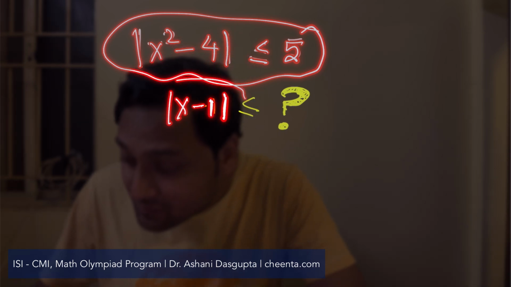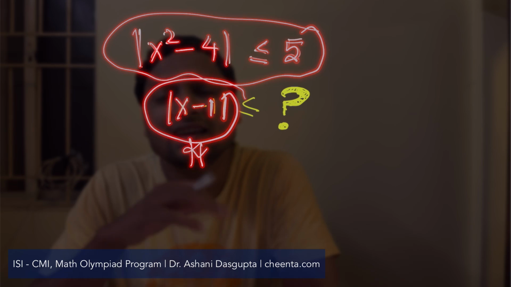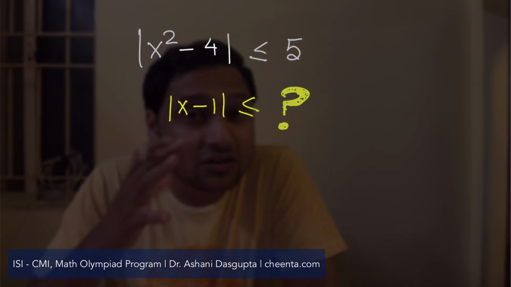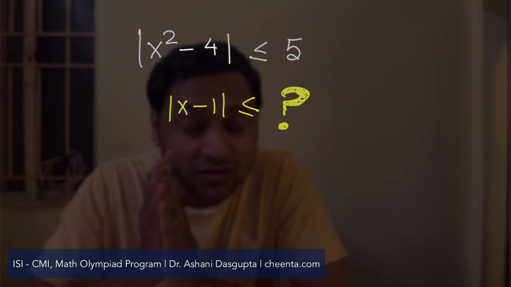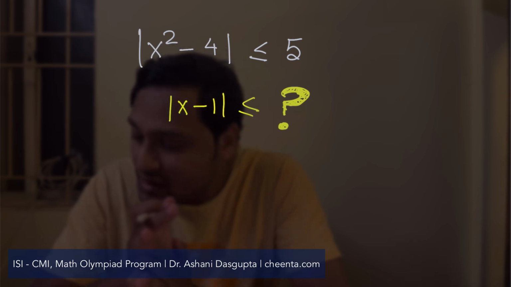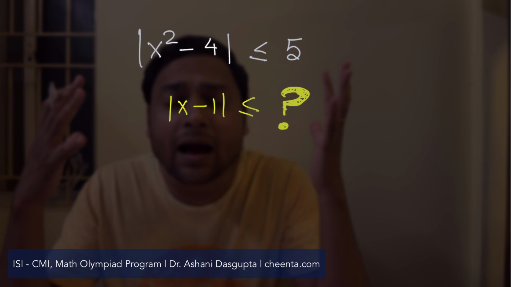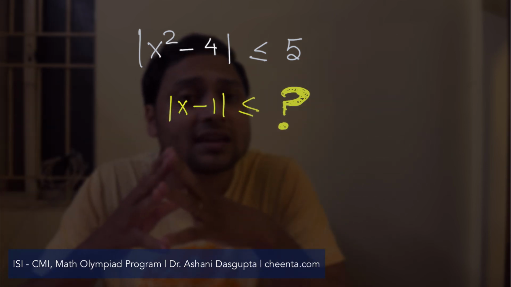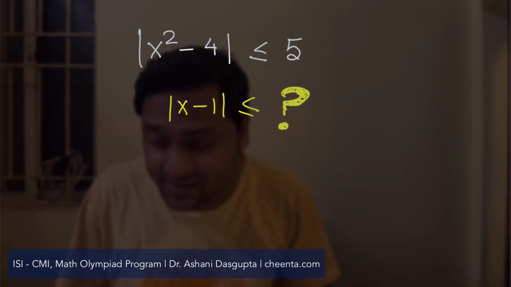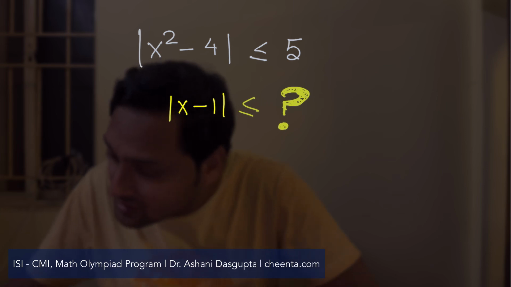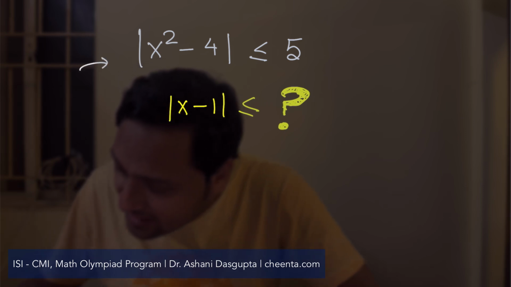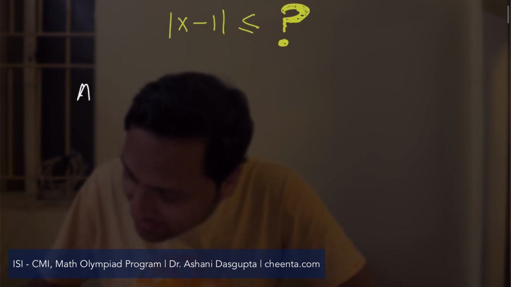That is the question. As I told you, it's not very hard to solve this algebraically. You have to know how to utilize absolute value functions when you are dealing with inequalities. So let's get started. This is the algebraic point of view.